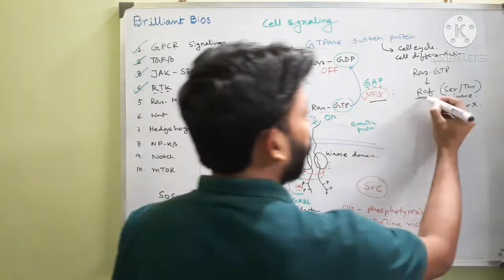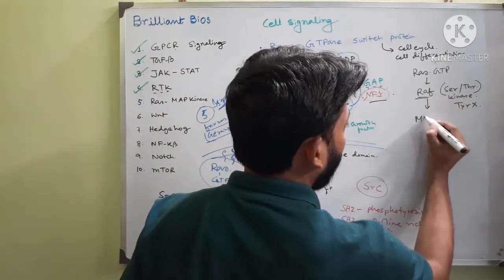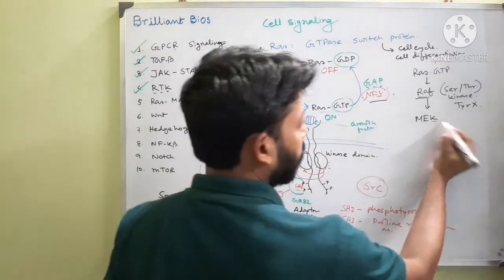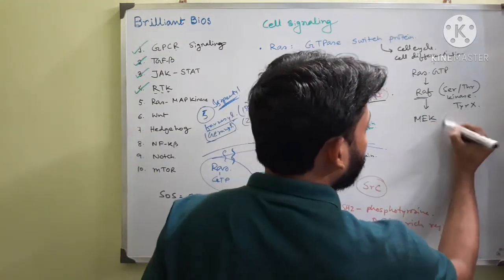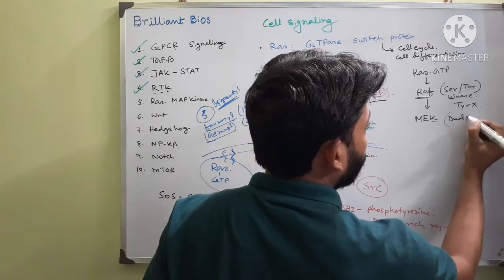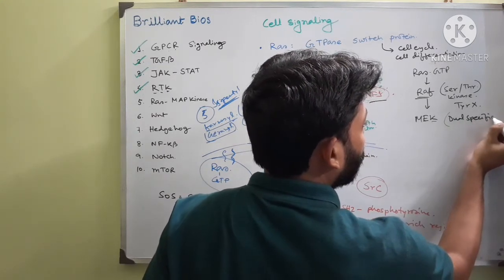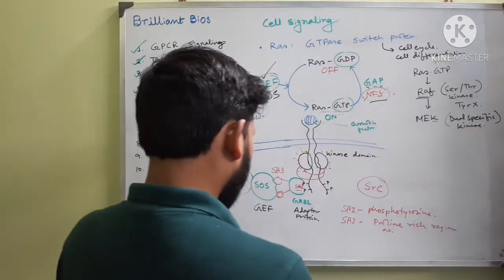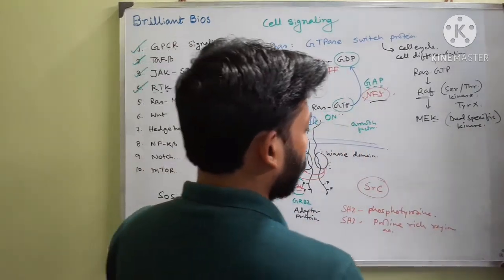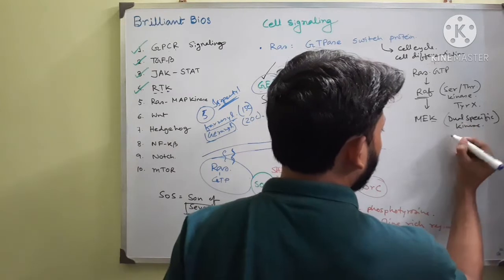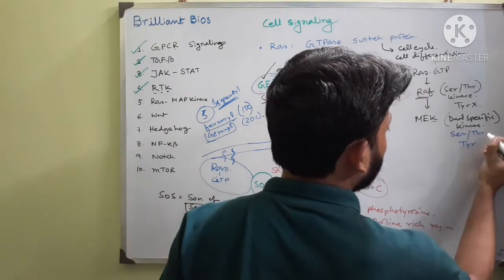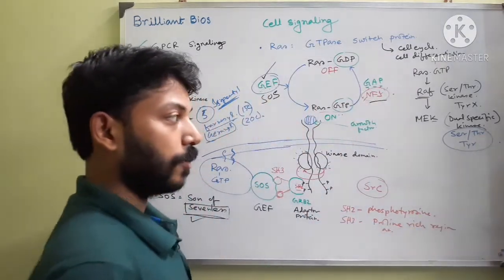Now RAF enzyme activates another enzyme called MEK. This is also a kinase, K for kinase. So this MEK is the dual specific kinase. That means it can phosphorylate serine-threonine, also tyrosine, both these amino acids.